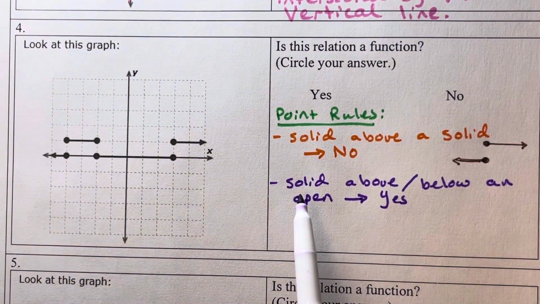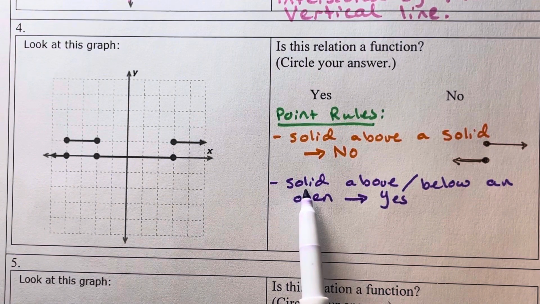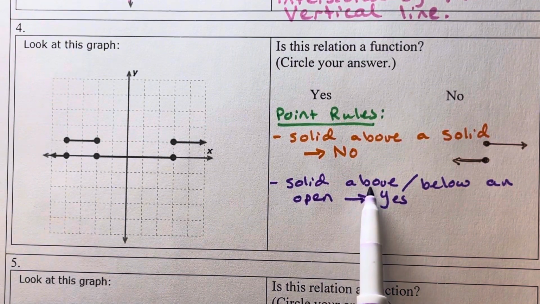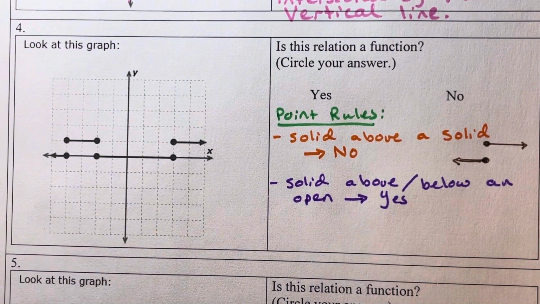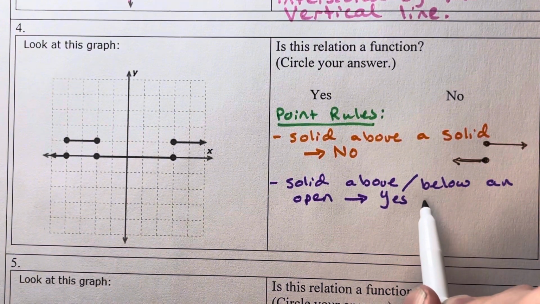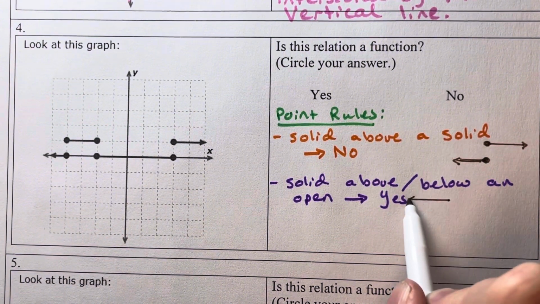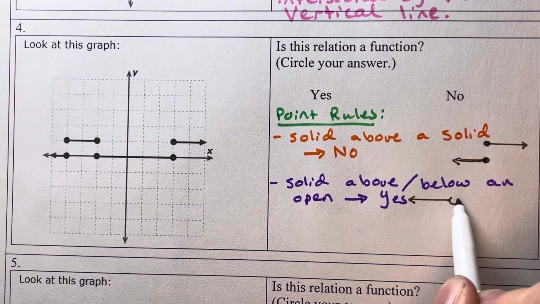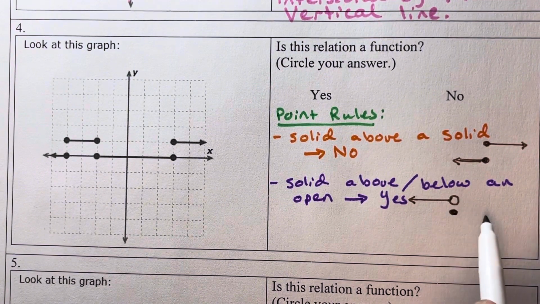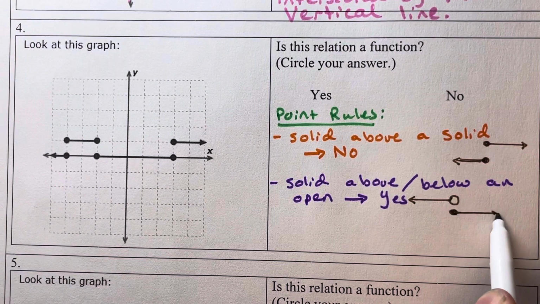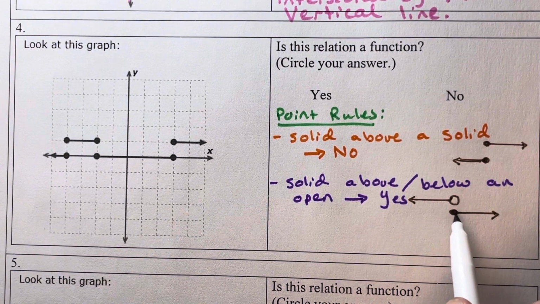Our second possibility is if you had a solid point either above or below an open point, then the answer would be yes, this is a function. So what might that look like? If you had, for example, a segment with an open point directly above another line that had a closed solid point, this would work.